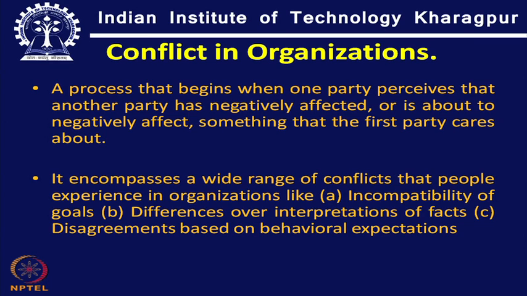And it encompasses a wide range of conflicts that people experience in organizations, and these may arise due to many factors. One is the incompatibility of goals: person A has a goal and person B has a different goal, and these two goals do not match with each other.